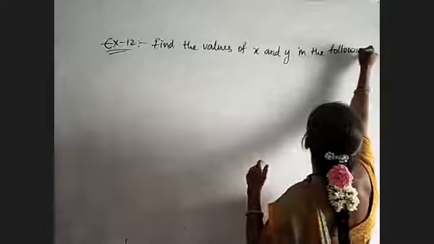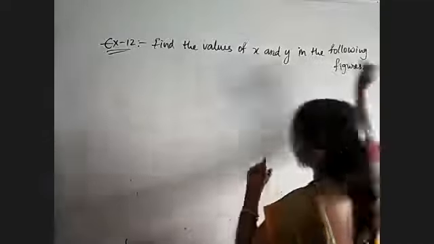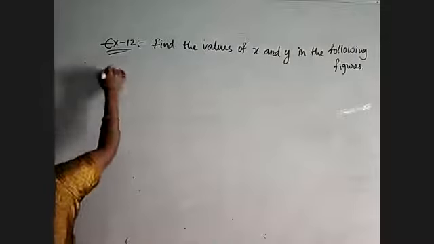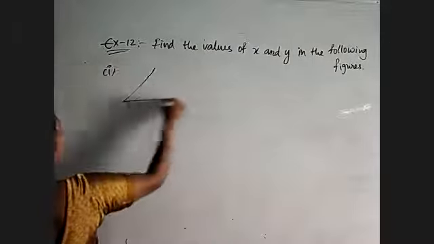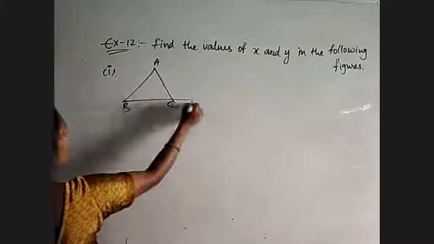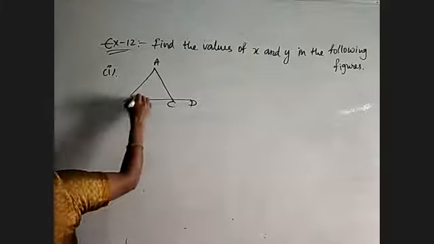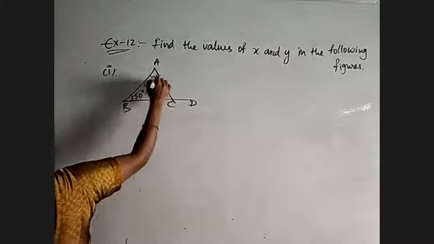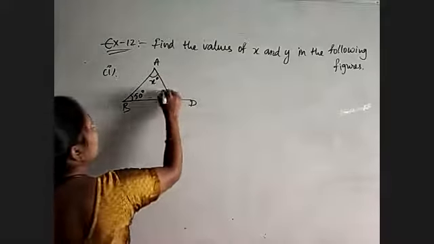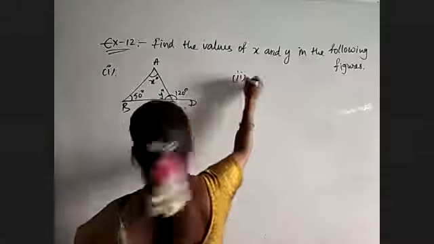So here the first question is given like this: A, B, C and D, with 50 degrees, x degrees and y degrees. This is 120 degrees. And the second question.